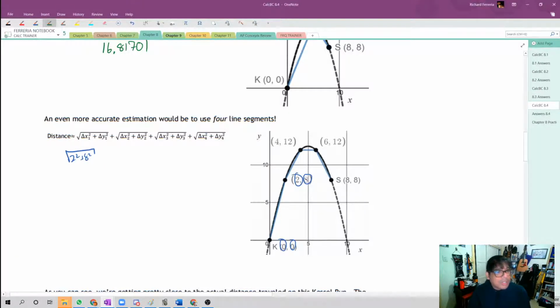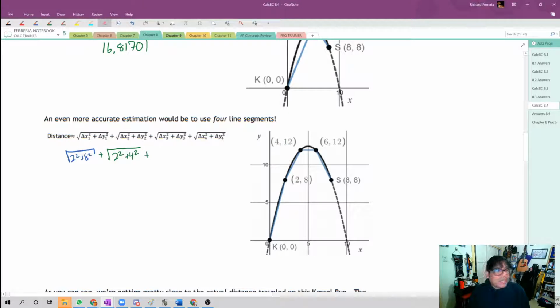Now, the second line segment. The distance in x coordinates, 4 minus 2, that's 2 squared. The difference in y coordinates, 12 minus 8, that's 4 squared. So that's our second line segment distance.